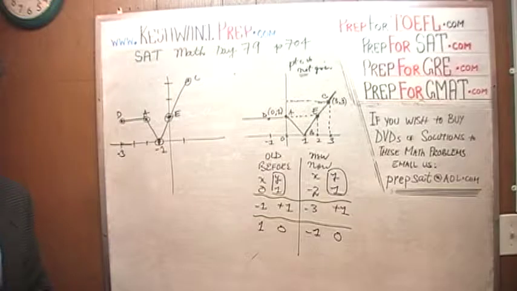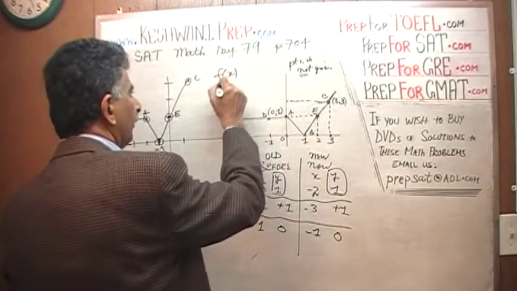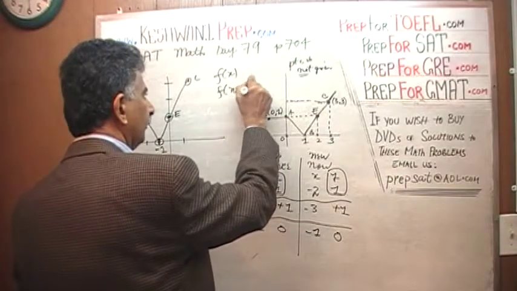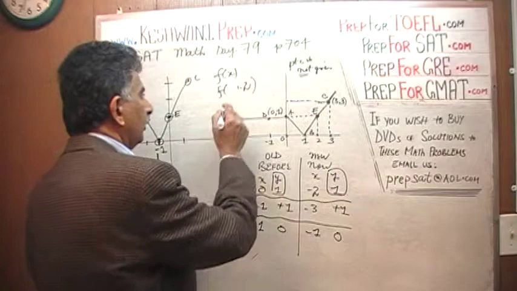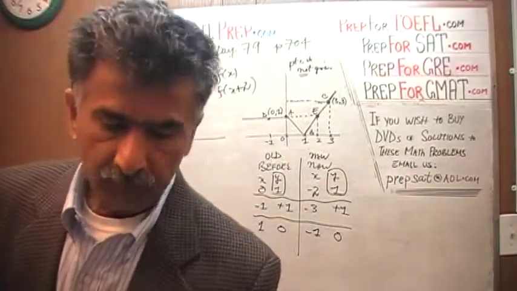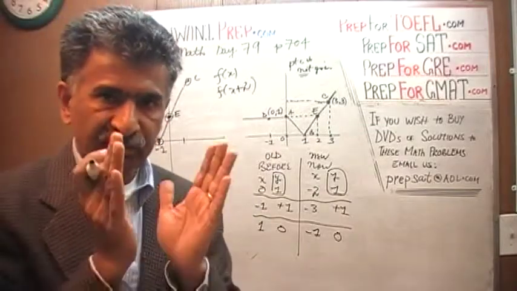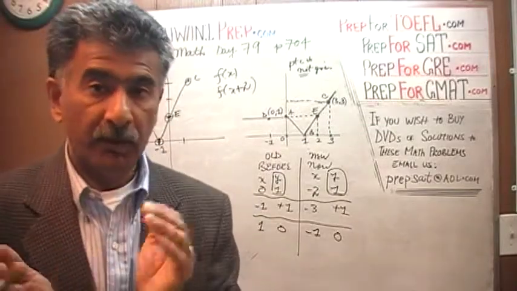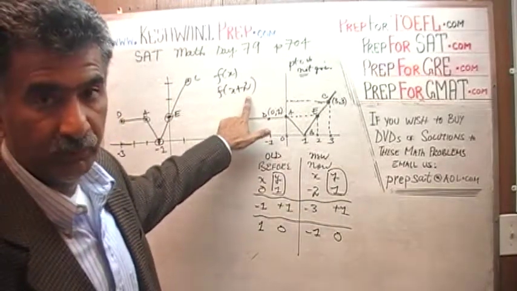So what has happened to the graph? What does it do by adding 2? Instead of having f of x, what happens when you have f of x plus 2? By giving 2 extra units to x, think of it in this way: x has to be 2 units less than before to compensate for the fact that we are adding 2 to the value of x.